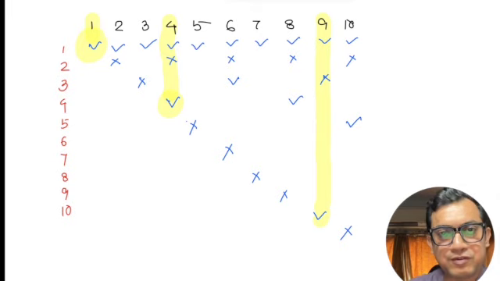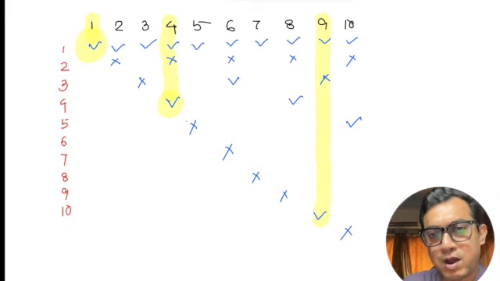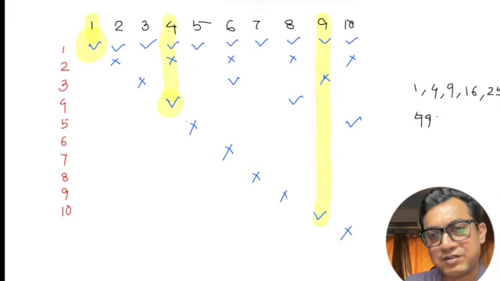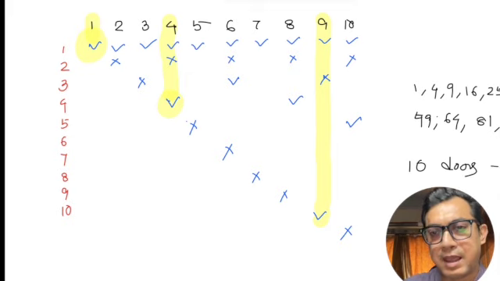So all the perfect squares from 1 to 100, like 1, then 4, then 9, then 4 square 16, 5 square 25, and so on up to 10 square. 6 square is 36, 7 square is 49, 8 square is 64, 9 square is 81, and 10 square is 100. These 10 doors will remain open and the remaining 90 doors will remain closed.